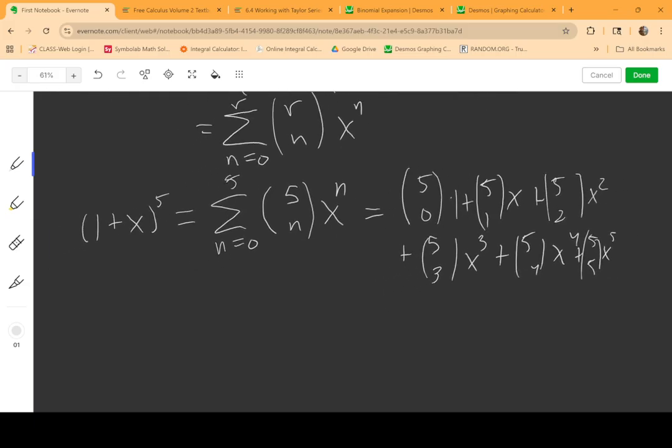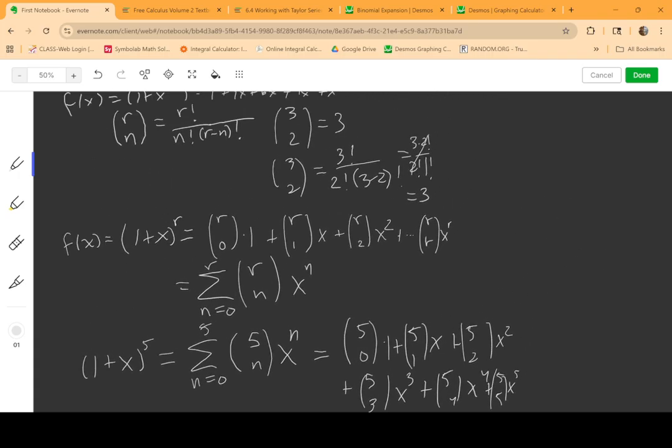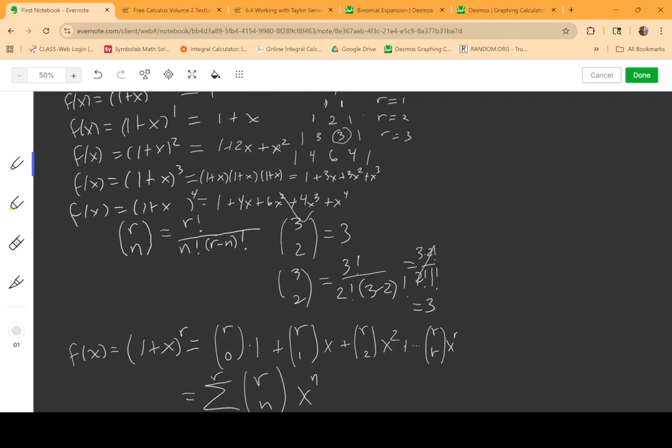All right, and then we can multiply those out, right? I won't. To make things quicker, adding to our next triangle here, that'd be 1, 5, 10, 10, 5, 1.